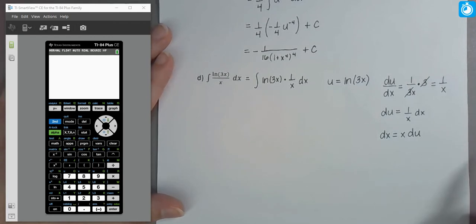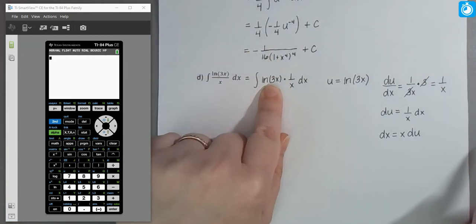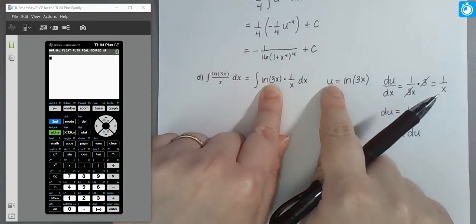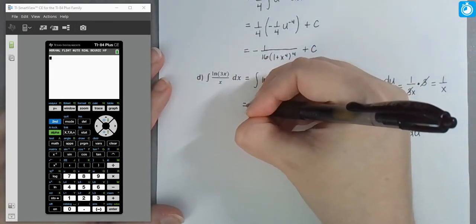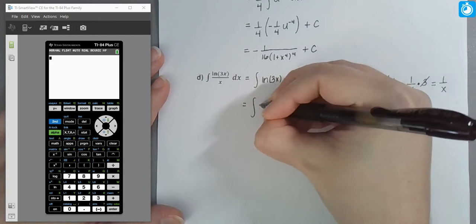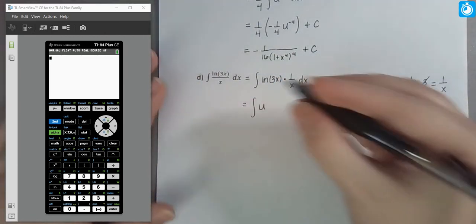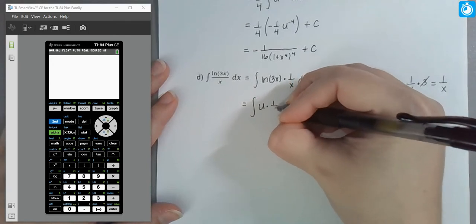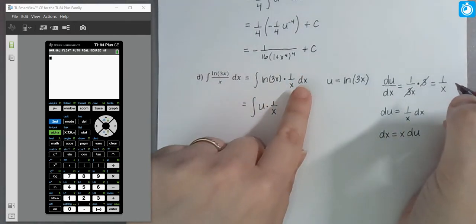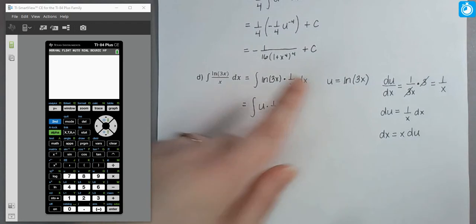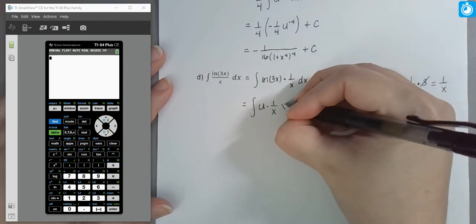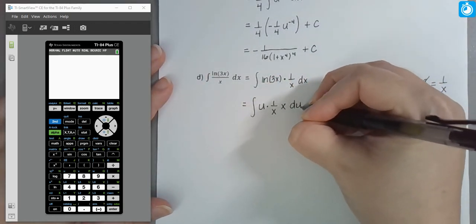And so now we can substitute. We can replace the whole natural log of 3x with our variable u. So that's going to become u. We have our 1 over x, so times 1 over x. And then we also have our dx, which we're now replacing with x times du.